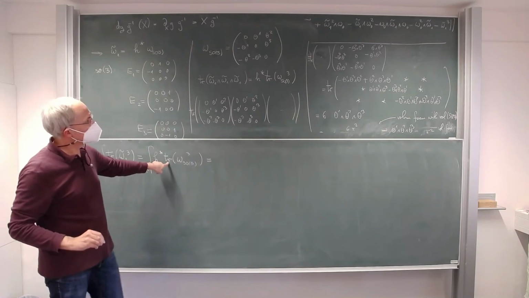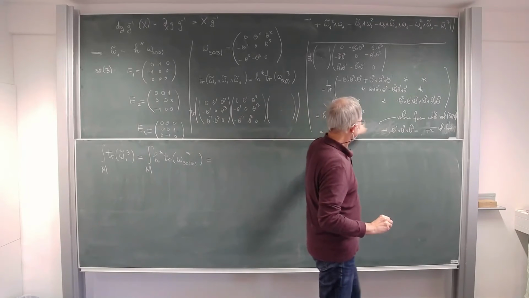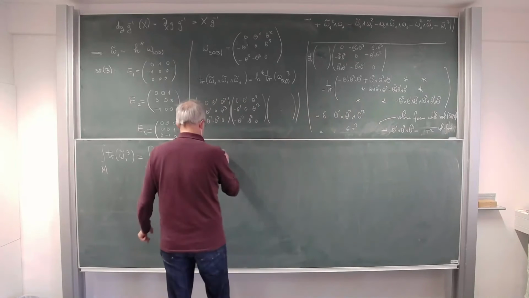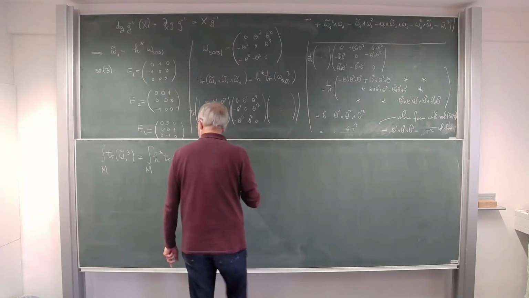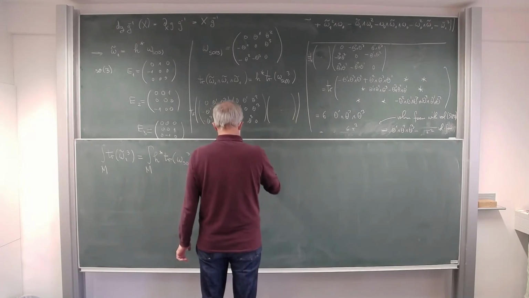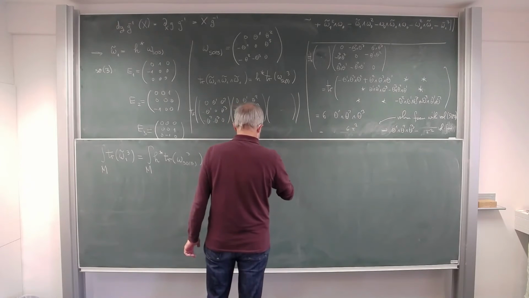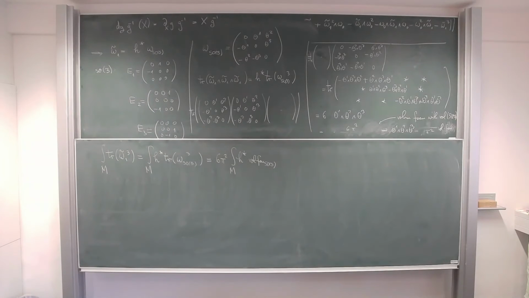And this we have computed to be 6 pi squared times the volume form. So we get 6 pi squared, integral over M, h tilde of the volume form of SO3. Okay? So this now should be right.